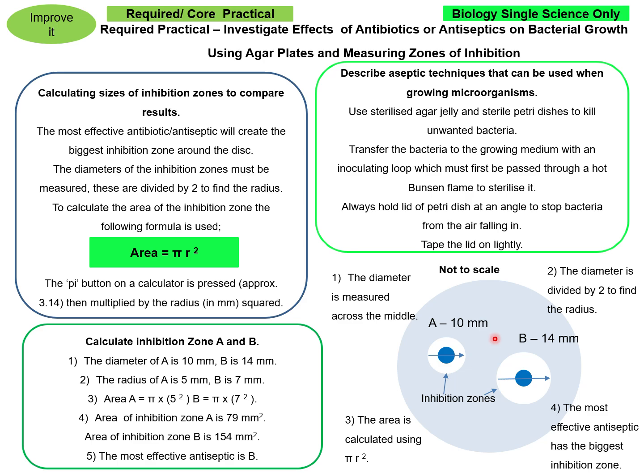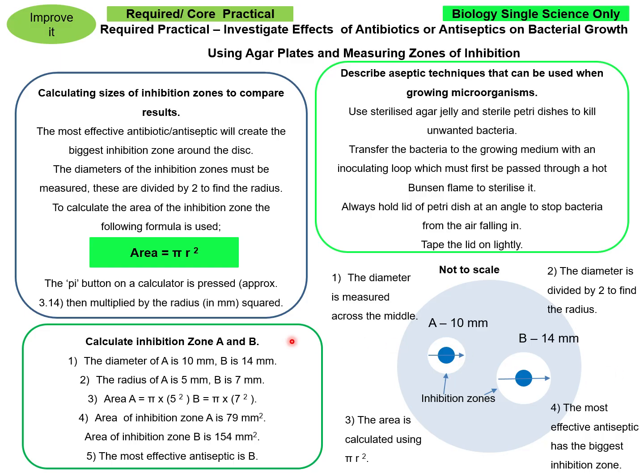So not an exact circle, but approximately. 2, the diameter is divided by 2 to find the radius. 3, the area is calculated using pi r squared. 4, the most effective antiseptic has the biggest inhibition zone.